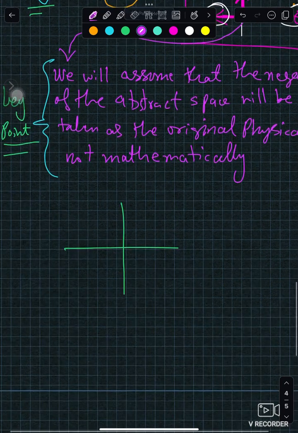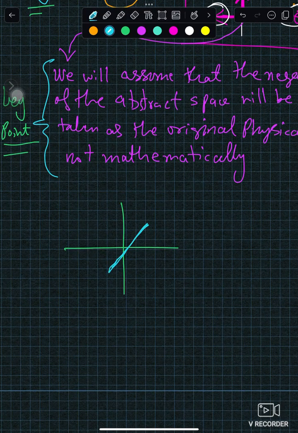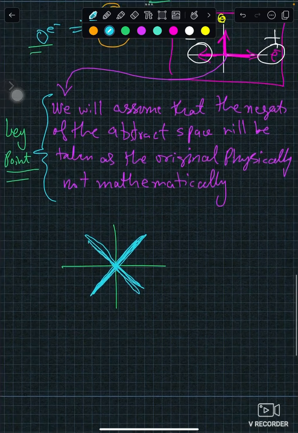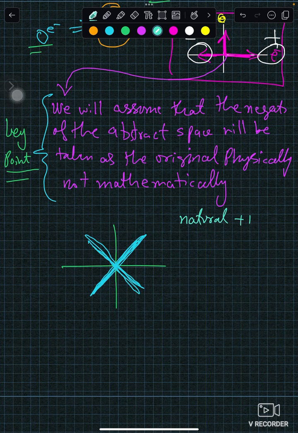So quantum mechanics takes the distribution of the half spin integers in natural or real numbers plus complex numbers. Like I'll show you 1 2 3 4 5, as well as 1i, 2i, 3i.